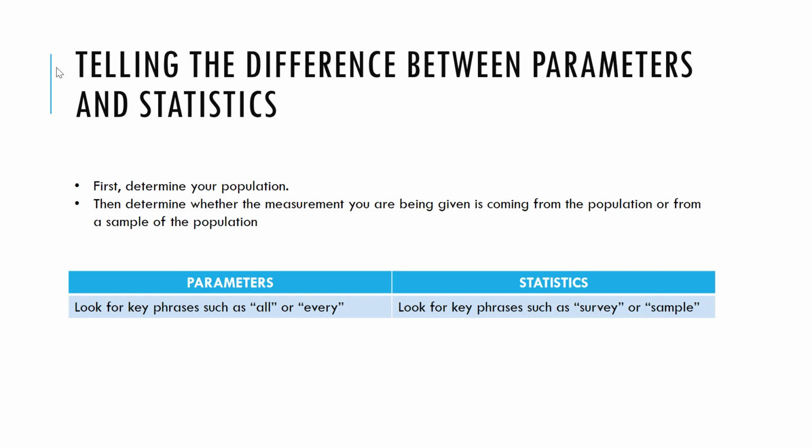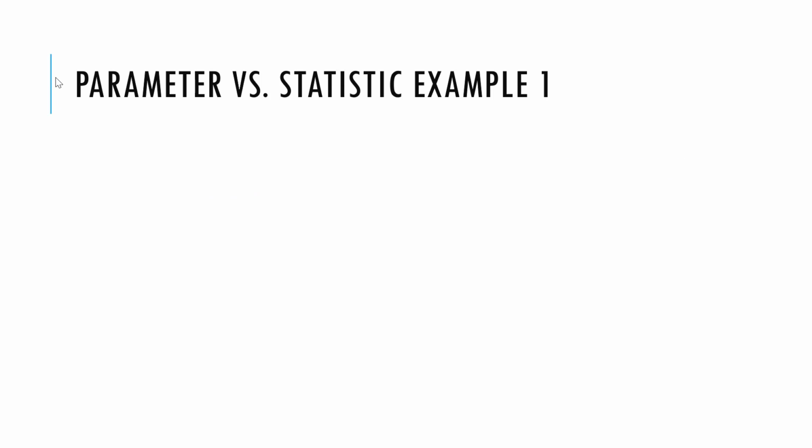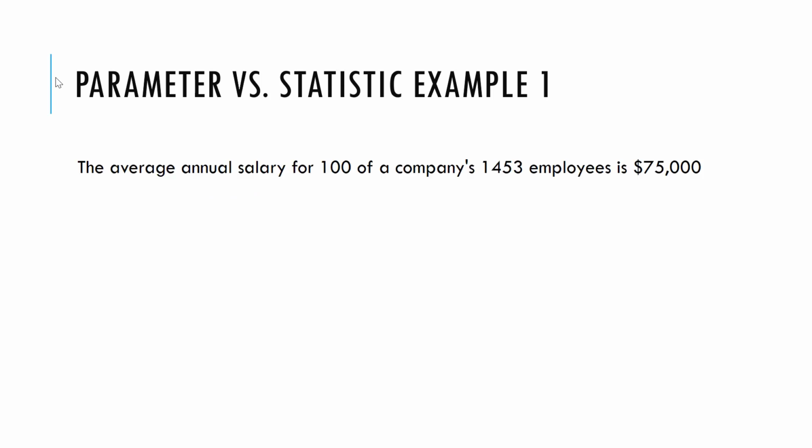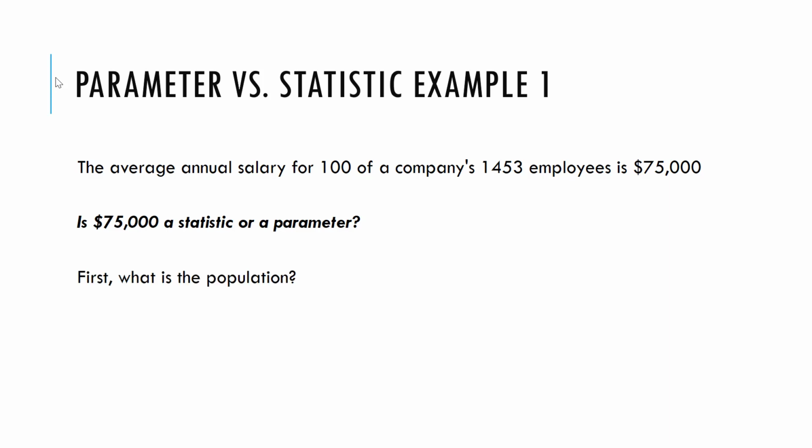Let's do some practice. Let's start with an example. The average annual salary for 100 of a company's 1,453 employees is $75,000. Is $75,000 a statistic or a parameter? Before we answer this question, let's answer the question, what is the population?